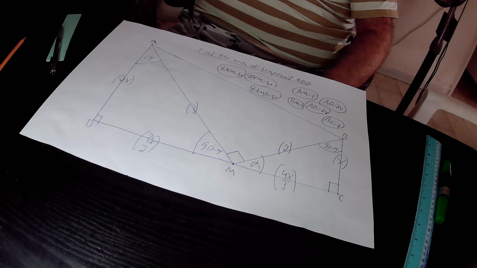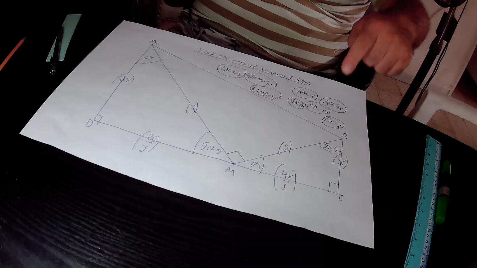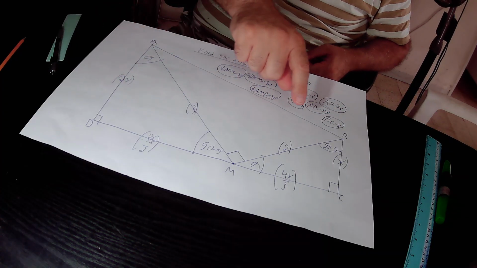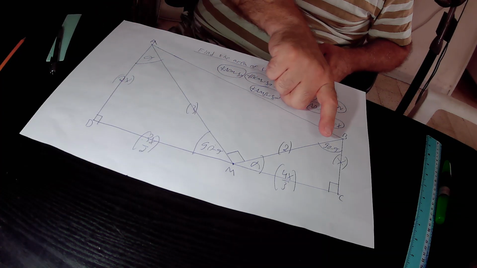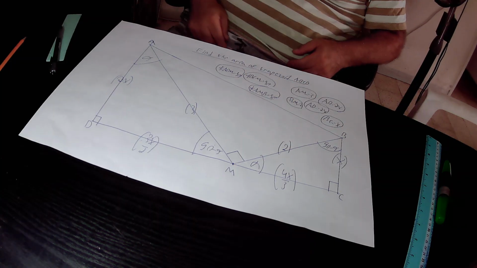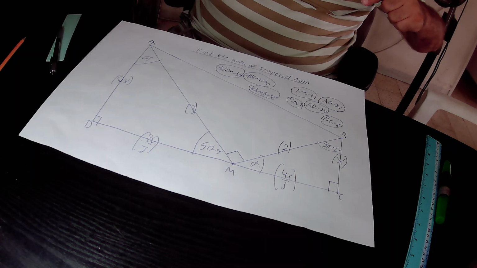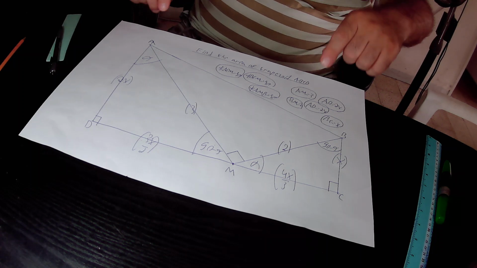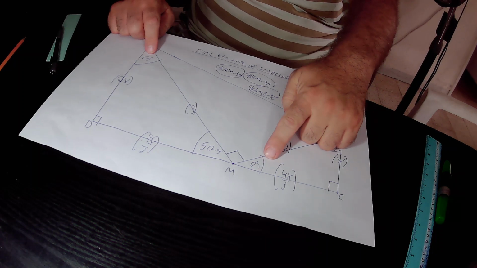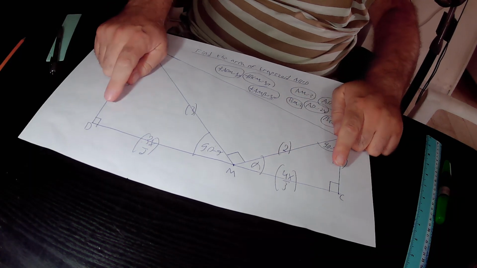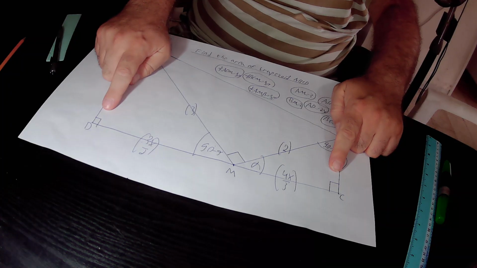In the next step, focus on those two right triangles, that is to say, on the big right triangle ADM and on this small right triangle BCM. In those two right triangles, we have two angles that are both equal to alpha, therefore they are equal to each other. In addition, those two angles are both equal to 90 degrees, and therefore they are equal to each other.